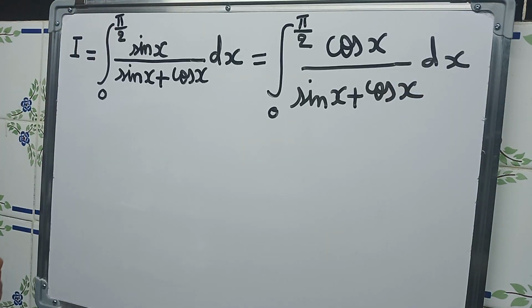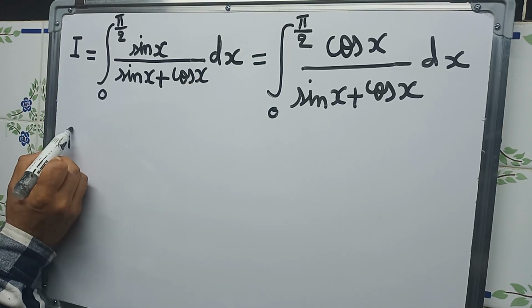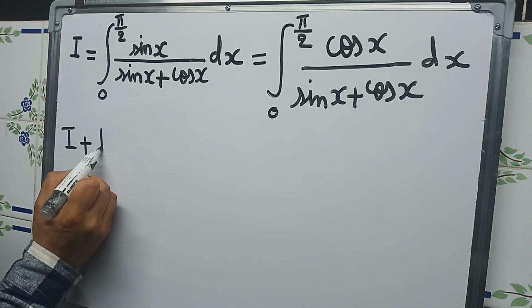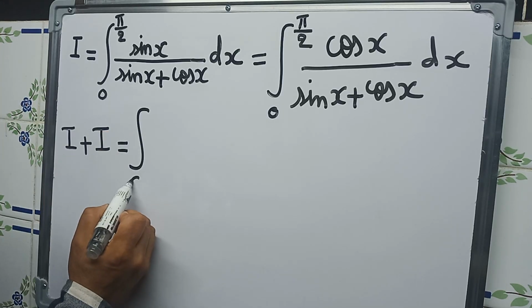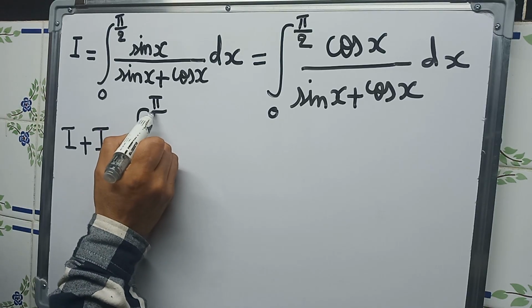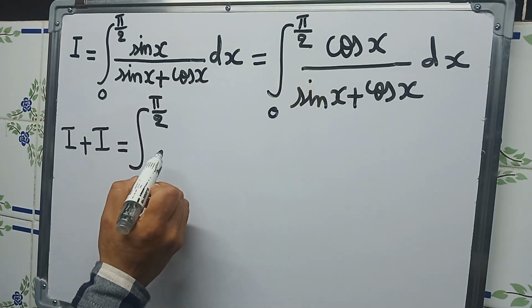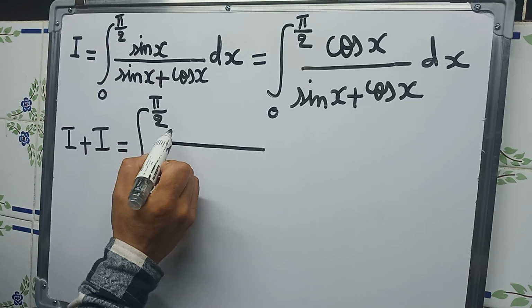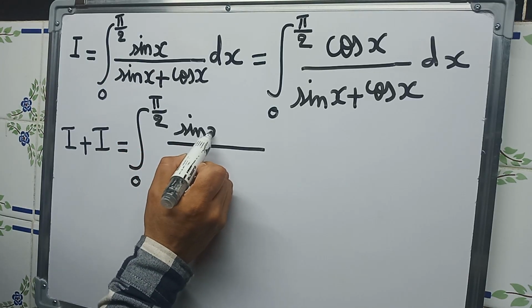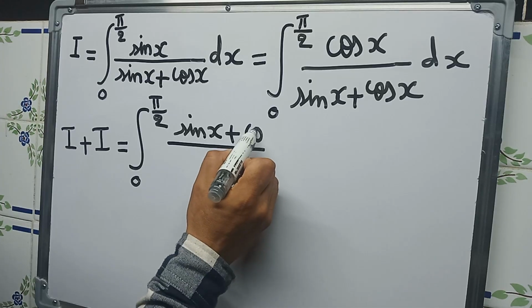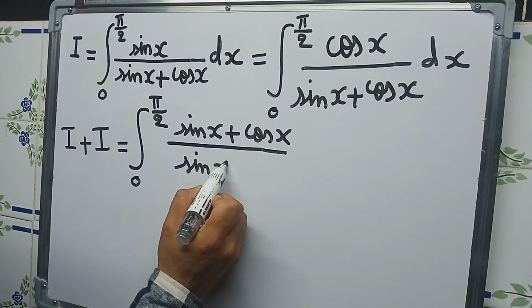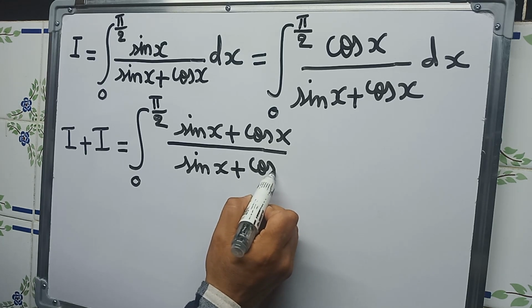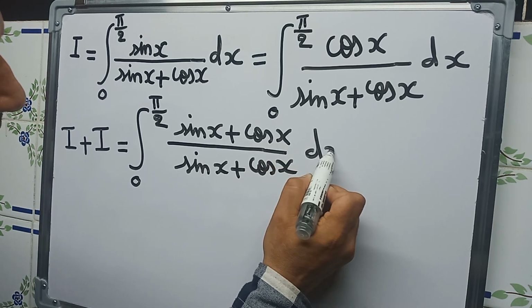Now the final step is we will just sum those two integrals. So I plus I, which is of course 2I, is equal to the integral from 0 to pi over 2 of the sum: sine of x plus cosine of x over sine of x plus cosine of x dx.